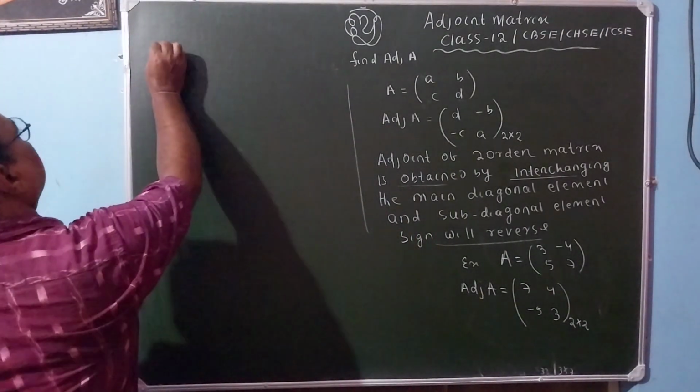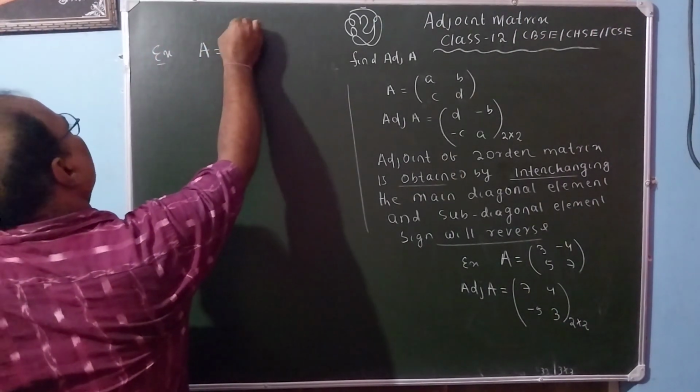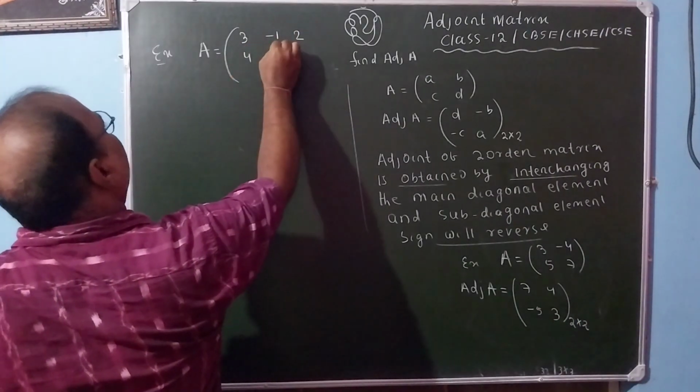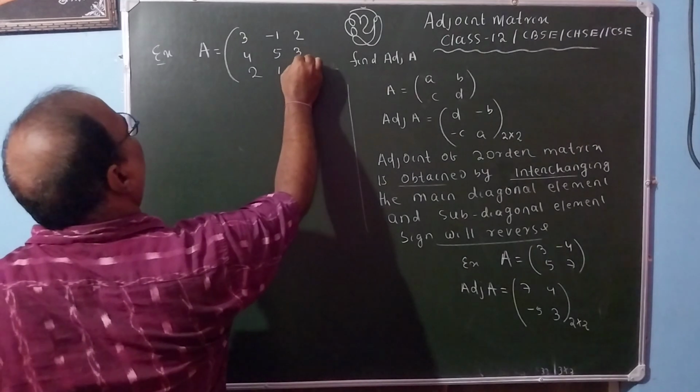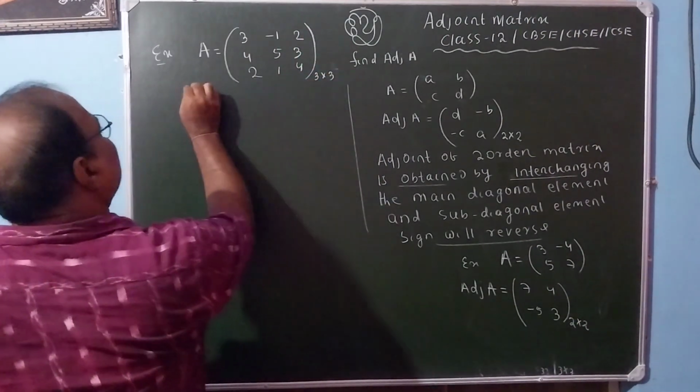One example. A is equal to 3 minus 1 2, 4 5 3, 2 1 4. It is a 3 by 3 matrix.